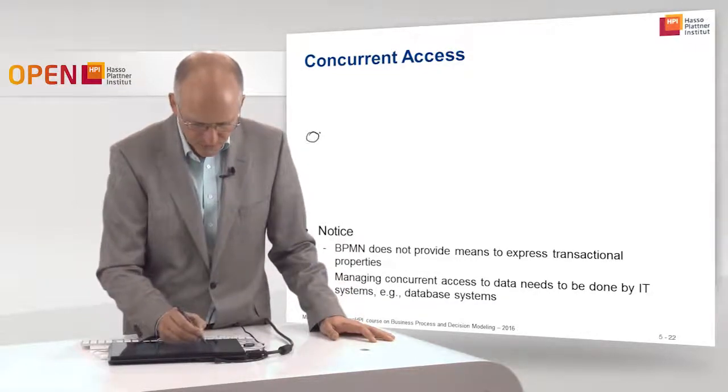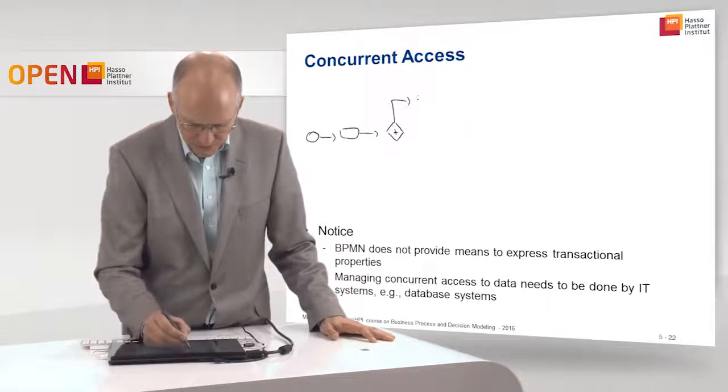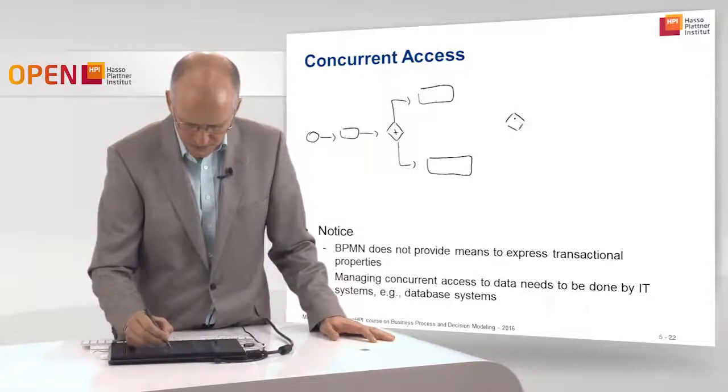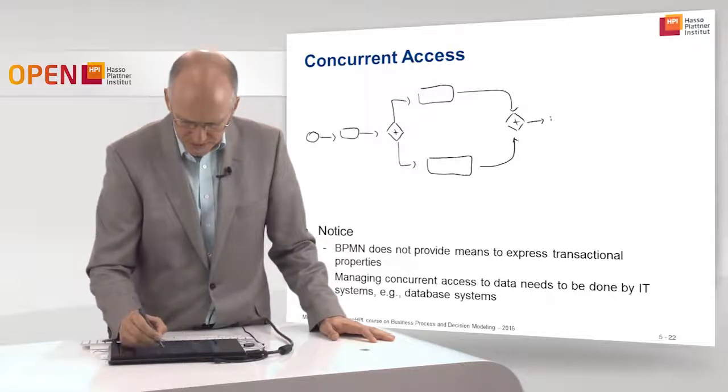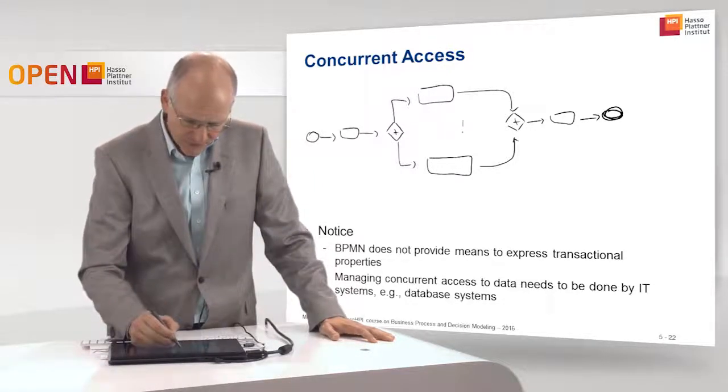So we have a process. I will not label the activities. It's important that we have concurrency, that we have an activity here, and that we have an activity here. The concurrency is then synchronized, and then we might have another activity, and then we have the end event. And we can have a data object here.